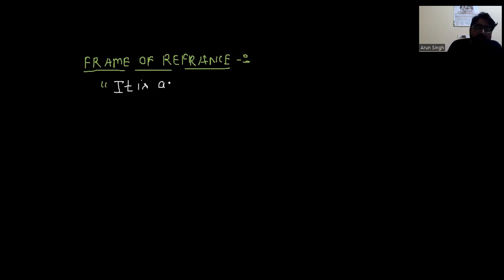It might be in polar coordinates, it might be in Cartesian coordinates. Different coordinate systems may be there. So keep in mind, frame of reference may be Cartesian, maybe polar. I will write here: polar, or xy, or you can say r or theta.